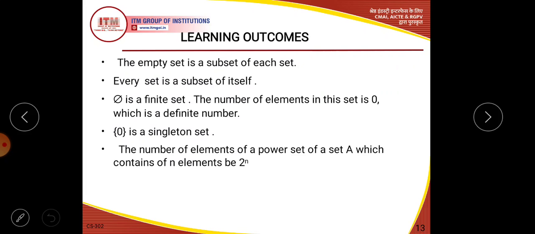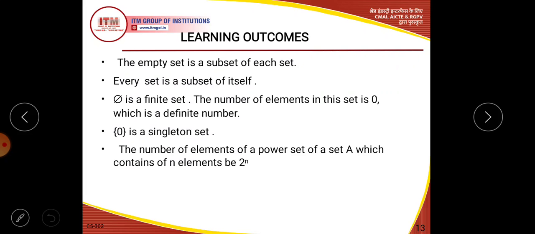We have learned about power set, cardinal number, cardinality, and universal set. And in this video we have also learned about proper subset, and when we can say a set is a subset. So we have learned these topics.